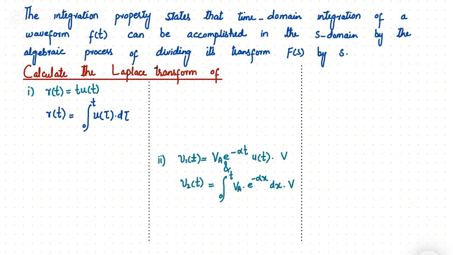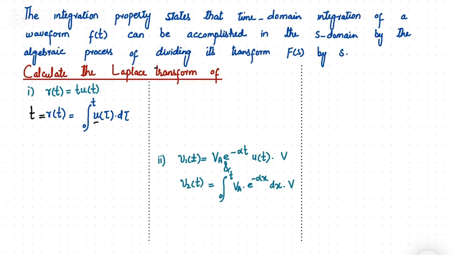s. Let's calculate the Laplace transform of this function, which is a ramp function, and ramp is equal to t into u of t. We can calculate the Laplace transform of t into u of t. Ramp function r of t, we can also write it as t.